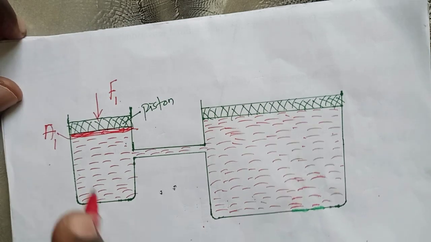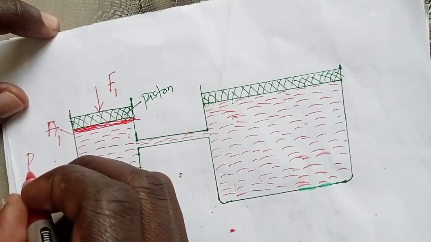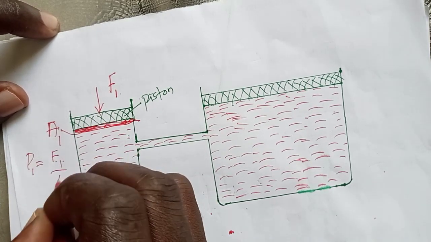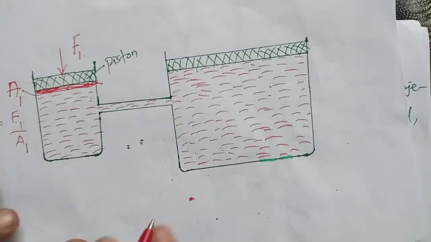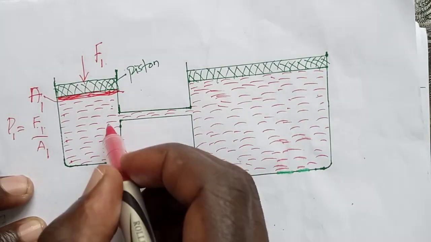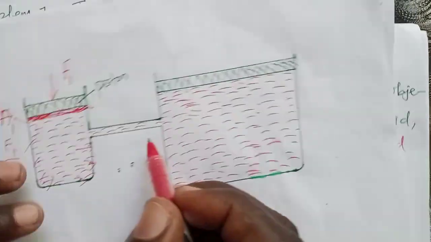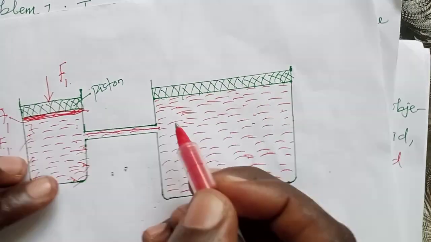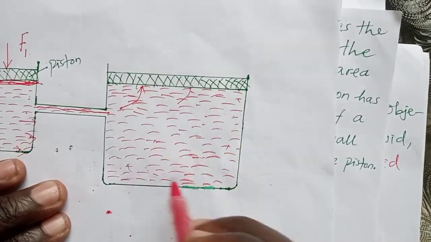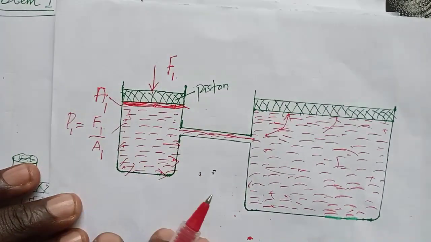Then the pressure due to this force, I can call that pressure P1, and P1 is F1 upon A1. Now this P1 will affect all points, will be added to all the points, the walls of the container, and it will be transmitted here as well. It will manifest here. The pressure at all points will increase by this amount.